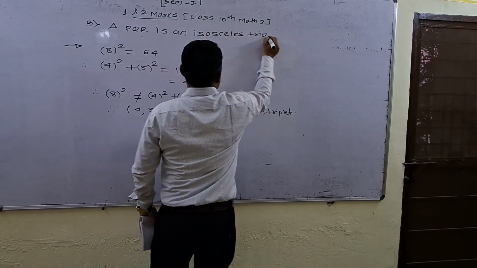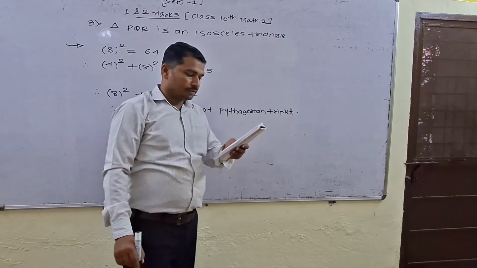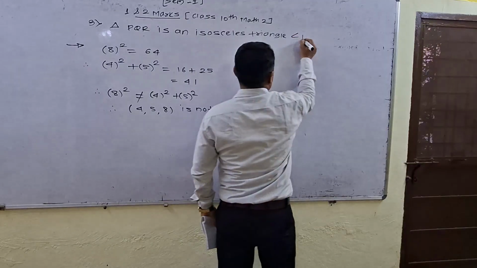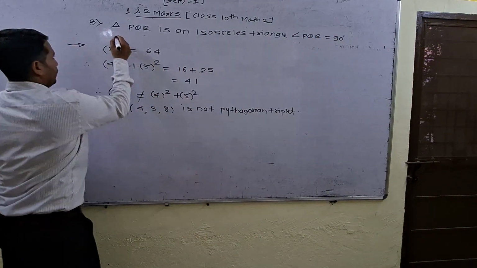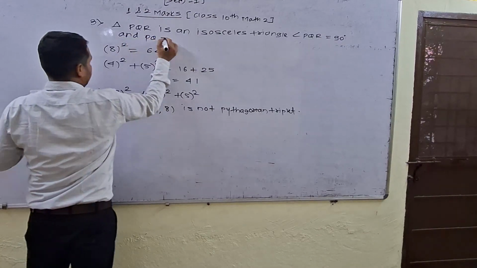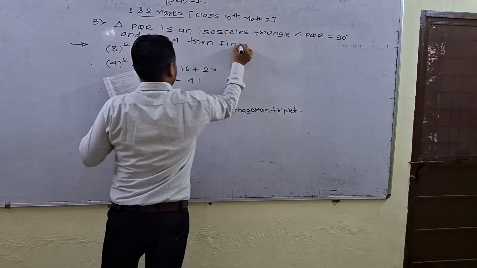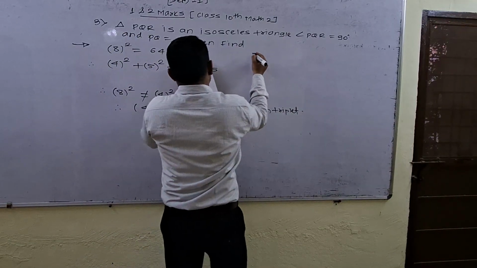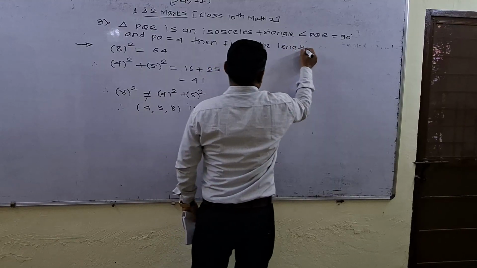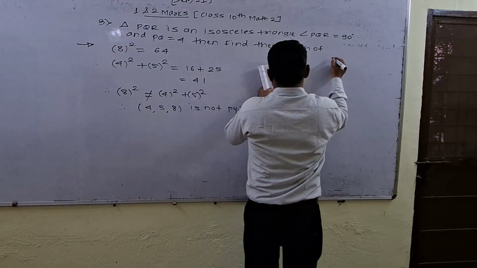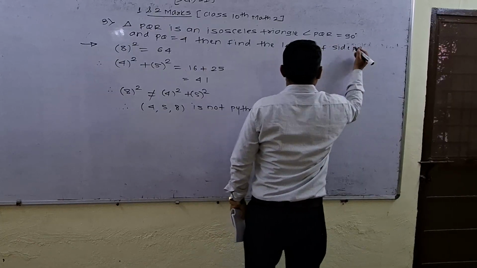Angle PQR is equal to 90 degrees, and PQ is equal to 4. Then find the length of side PR.